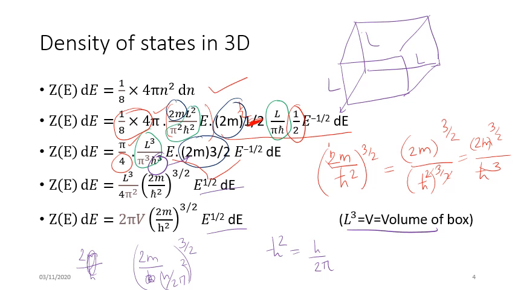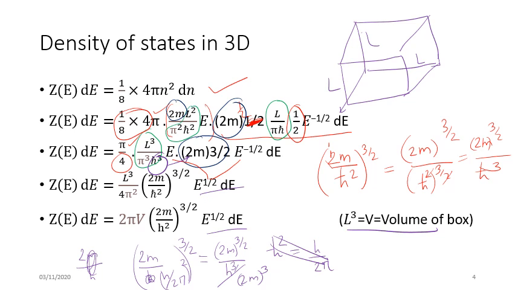When this 3 by 2 comes in, it will be twice m raised to 3 by 2 as it is, divided by h cube, and 2 pi cubed will come in the numerator. So this twice pi, its cube will be there.